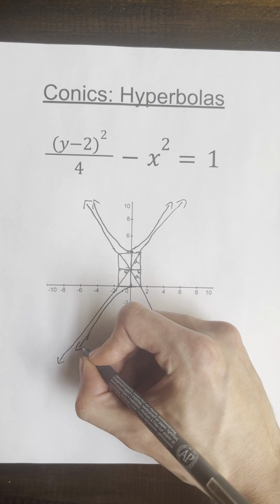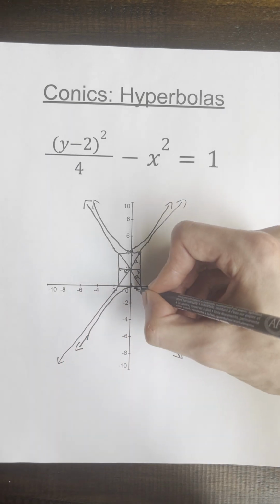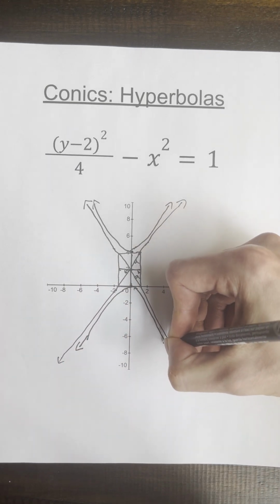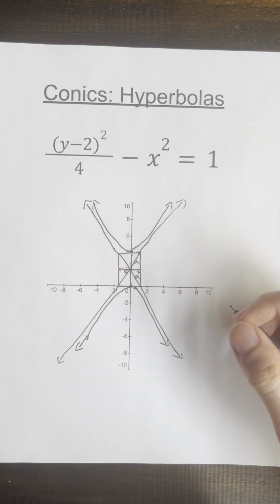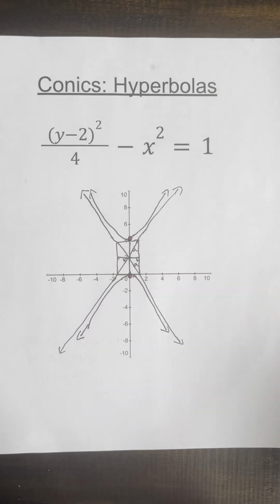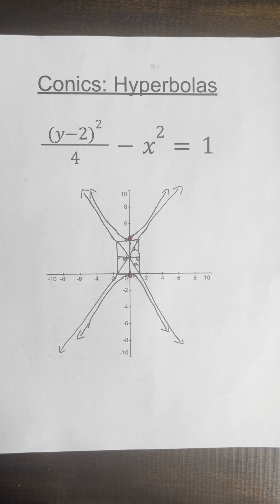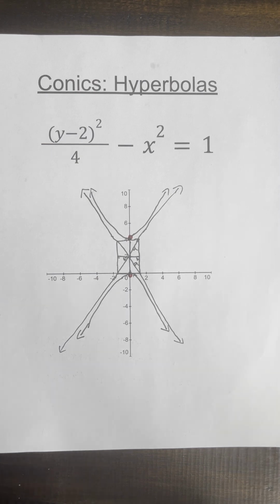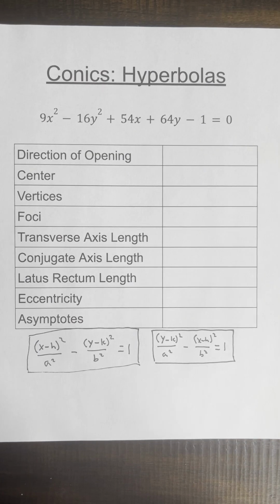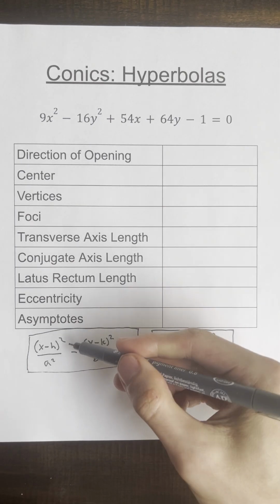Here we go. As practice, I'll let you graph the foci, transverse axis, conjugate axis, and latus rectum on your own. But let's move on to the next example. Sometimes they won't give you the equations in standard form.